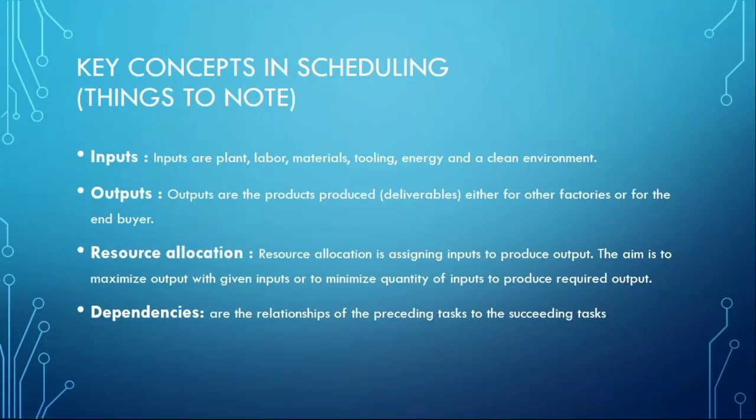The second one is the output. Output is the result of a transformational process. So after you put the inputs together and the transformational process takes place, the resultant effect, the consequence of that particular process, is the output, which is usually the products produced or the services that have been rendered.